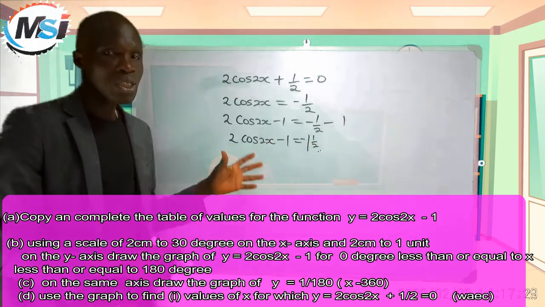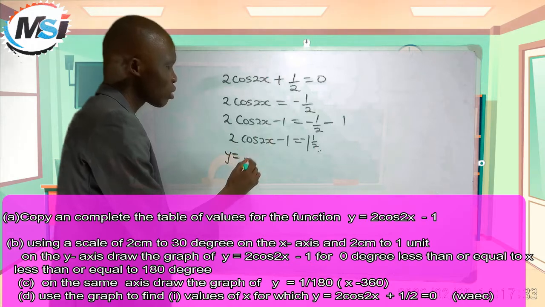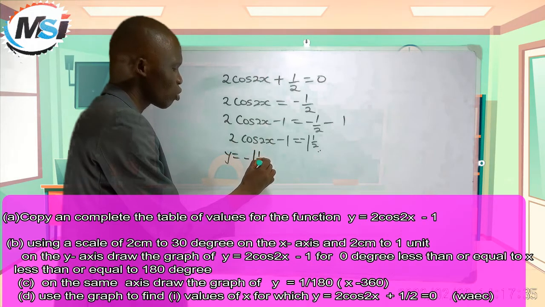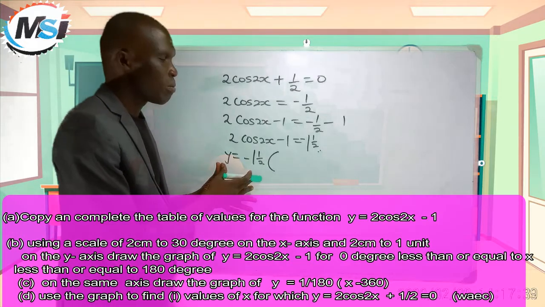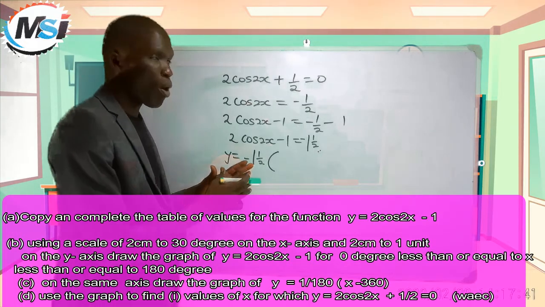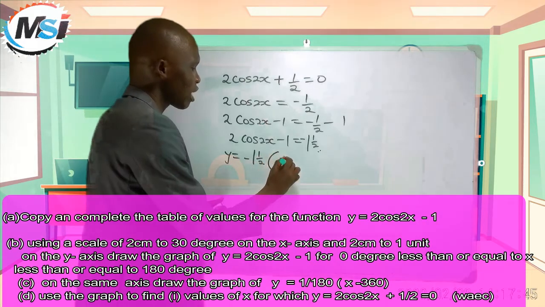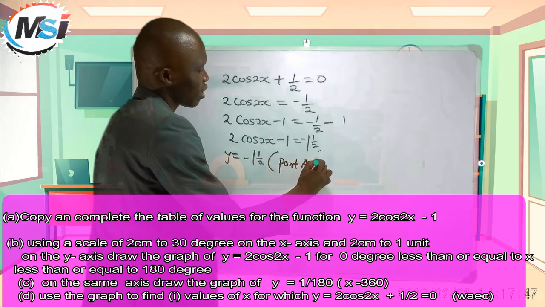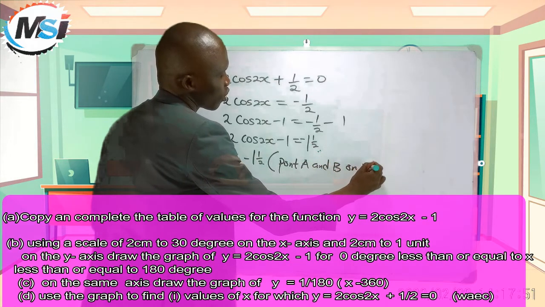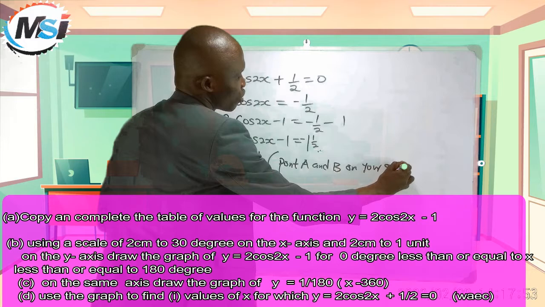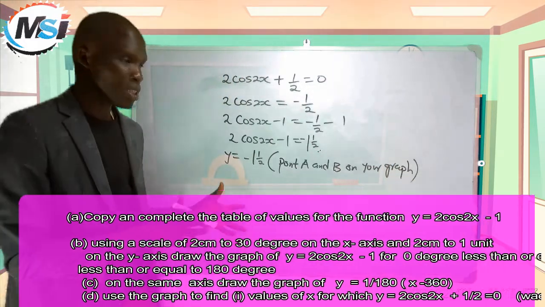Now, using this, your y will be minus 1 whole number 1 over 2. Then you now look from the graph, point A and point B. Look for point A and B on your graph. I'm going to show you the graph, then you will see how to interpret that.